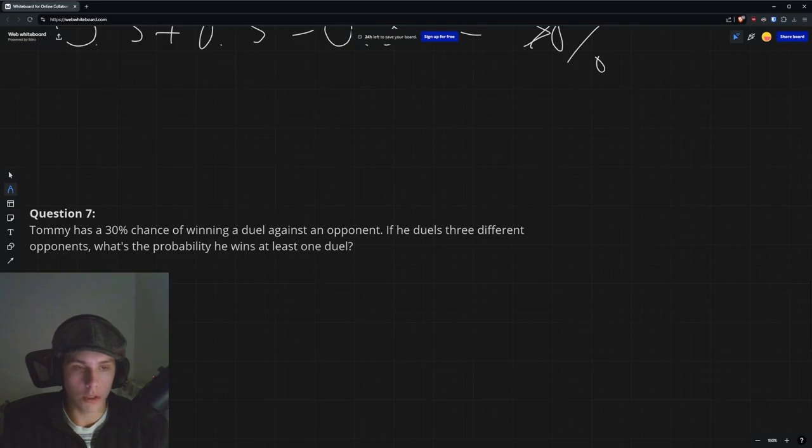For this scenario, we're going to have to use a probability table. So let X equal the number of duels won.